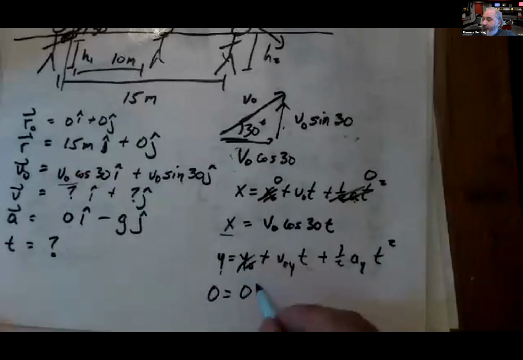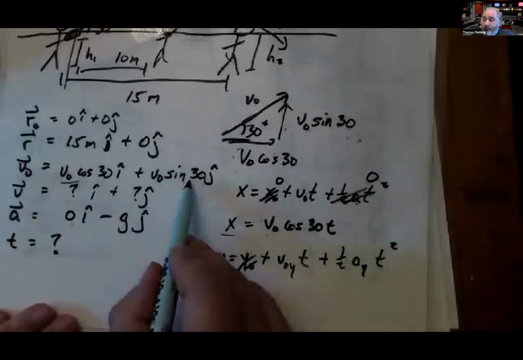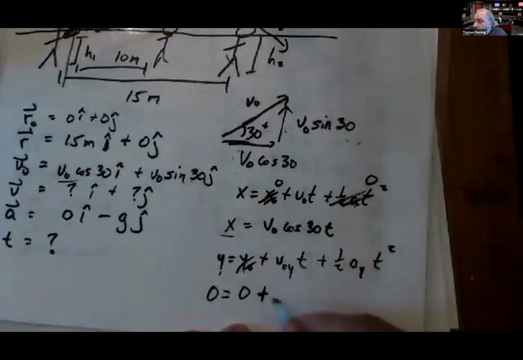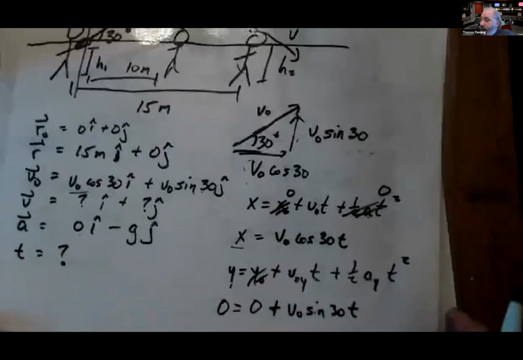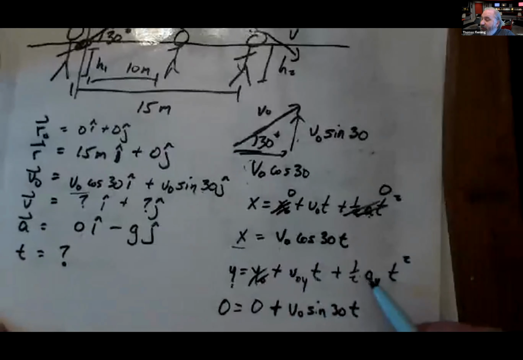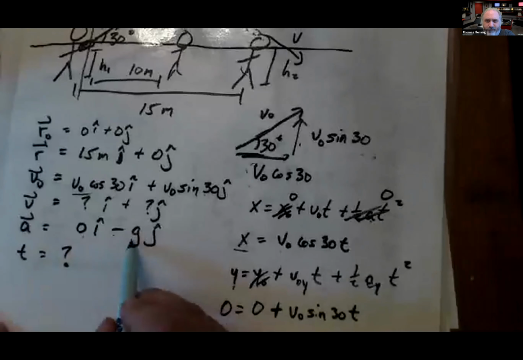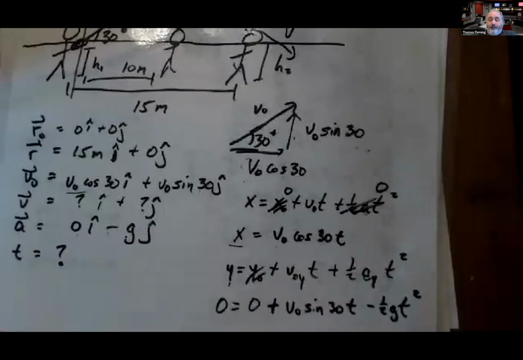V initial in the y: there's V initial, here's the y part, I just want this. So plus V initial sine 30 times t. And then I have 1/2 ay t squared. Ay, the acceleration in the y direction, is negative g. So minus 1/2 g t squared.